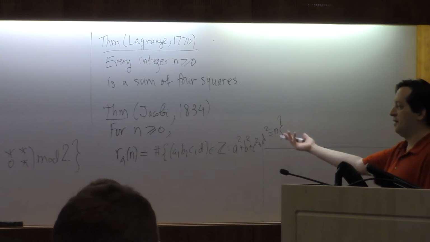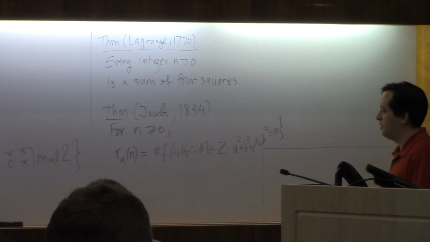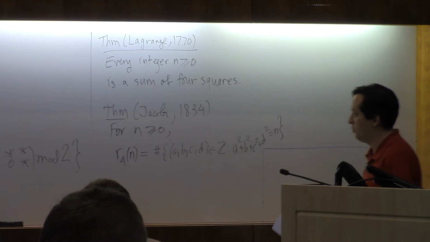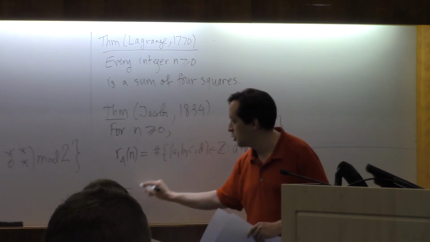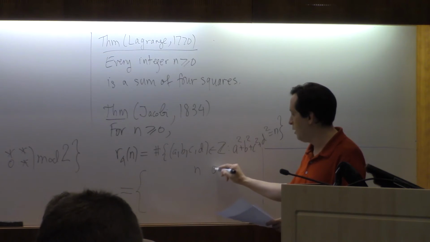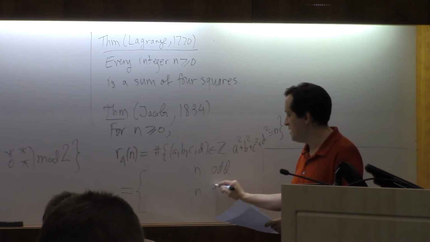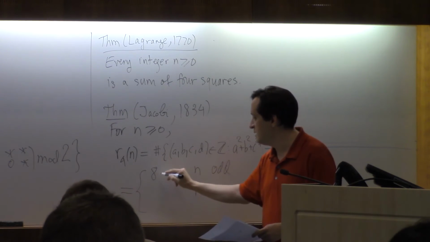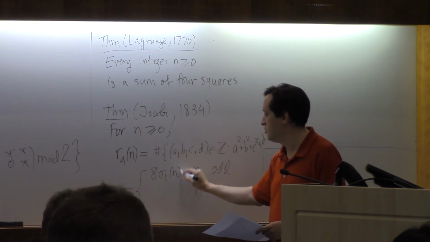Well, the theorem is not the definition of the notation. The theorem is an actual formula, and here is the formula that he gave. Jacobi's formula has 2 versions depending on whether n is odd or even. If n is odd, it's 8 times the sum of the divisors of n.